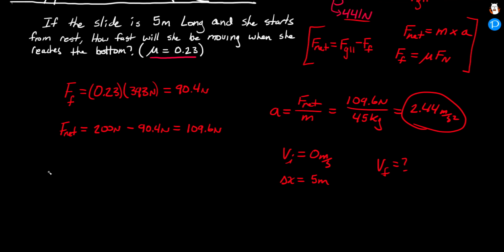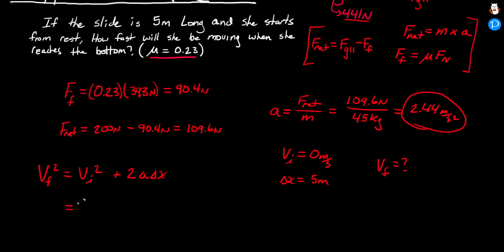So if we look at our kinematic equations, the one that's going to work the best is this one right here. Final velocity squared is equal to initial velocity squared plus 2 times acceleration times the displacement. So I have everything I need to solve for that final velocity.